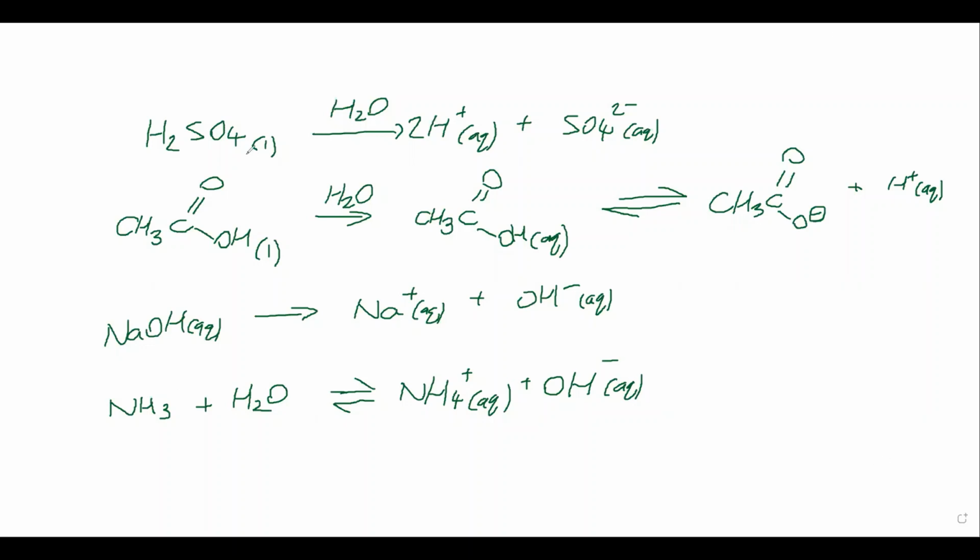So acids and bases can react together to form neutral salts. If we look at the actual acidic and basic parts of our acids and base, then we have our H+ plus our OH- going to form H2O, which will be neutral.